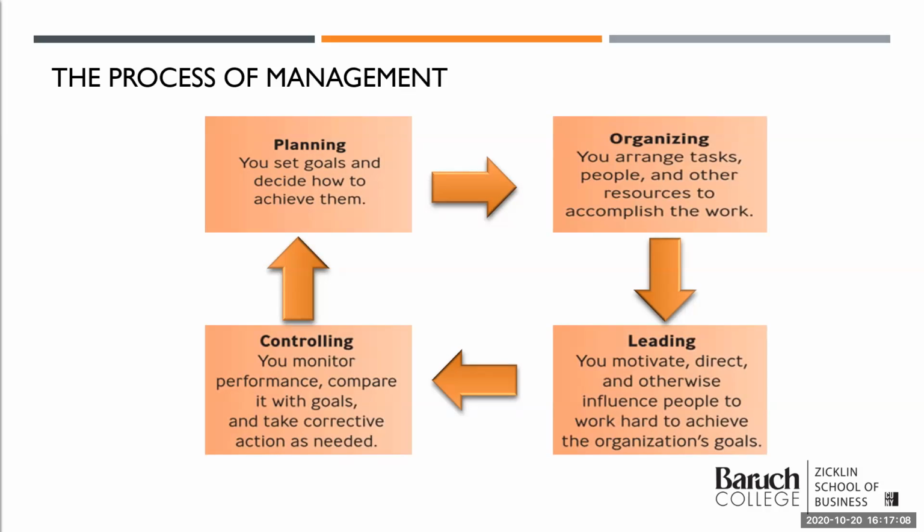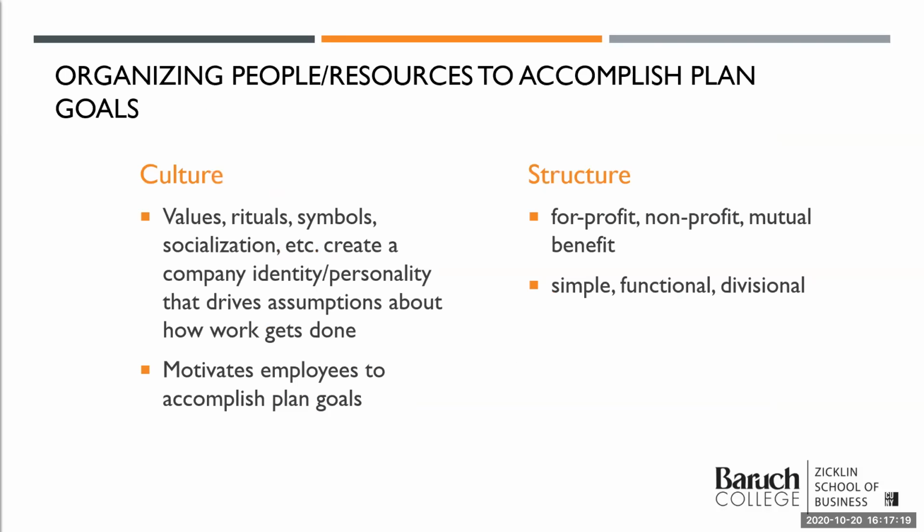And so that's the section that we started since the midterm, which is sort of the second element of this process of management. And so within organizing, we talked about 2 ways in which to organize the people and resources so that the company can accomplish the plan objectives, the plan goals. One of the ways is through culture, right?